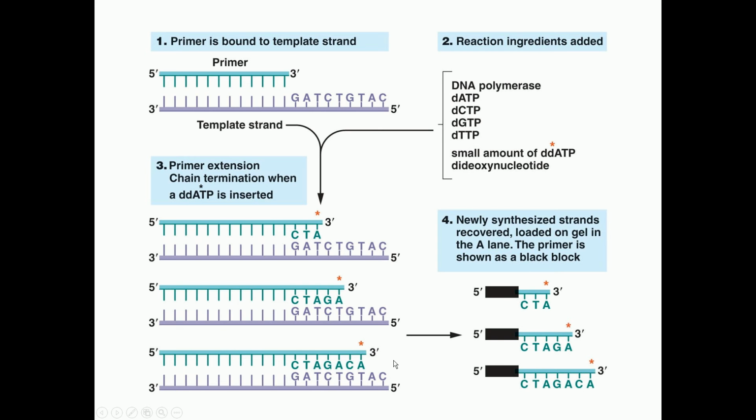But in one tube, when these different things are happening, the result of this kind of reaction will be the formation of DNA fragments of different sizes. You can see here only this much DNA fragment is formed. This is smaller, this is longer than this, and this is longer than this.